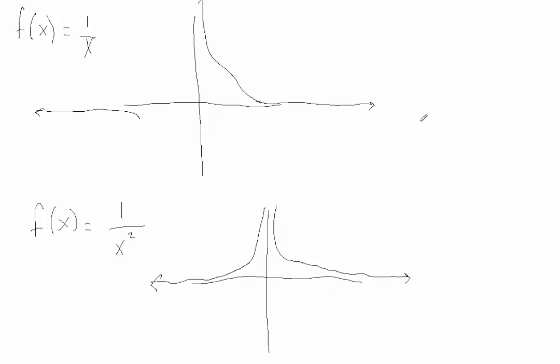And in fact, let's say I've got a function x plus 2 over x cubed minus 1. What happens as the values of x get very, very large? Well, as x goes to positive infinity, the top's going to get very, very large.